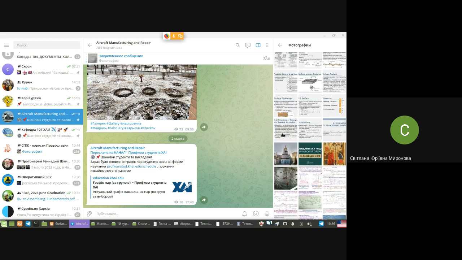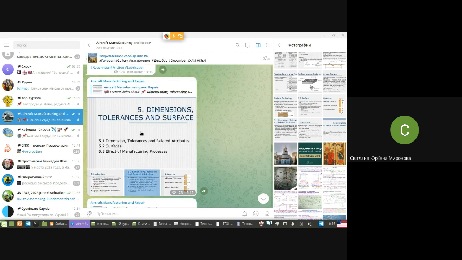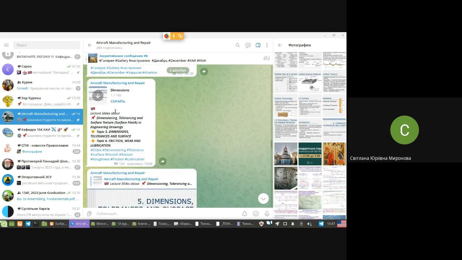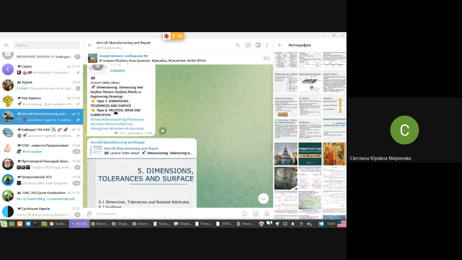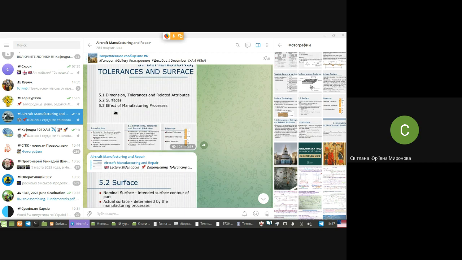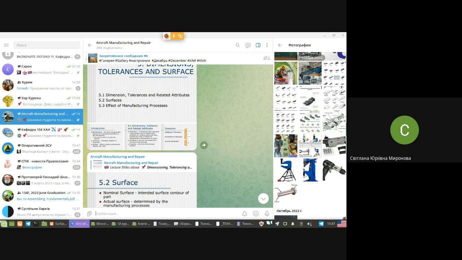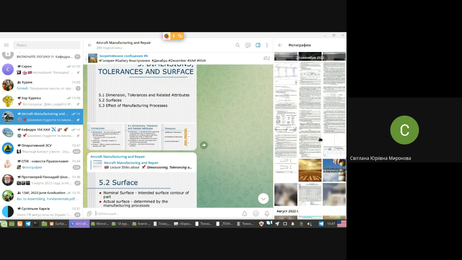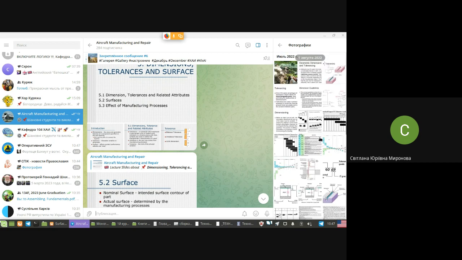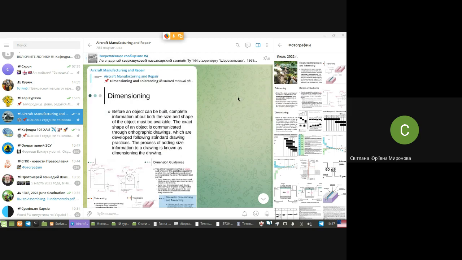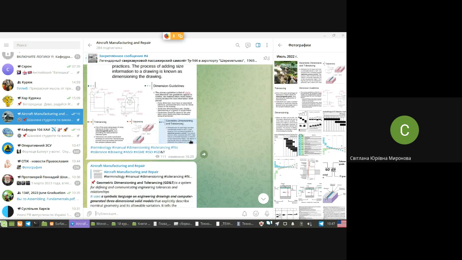For instance, here you have a file, extremely useful right now for your bachelor works, if you have any problem with understanding how to make sizes, how to show bases, and so on. And here I have a bit more, before your very first laboratory work even. Also about dimensioning.